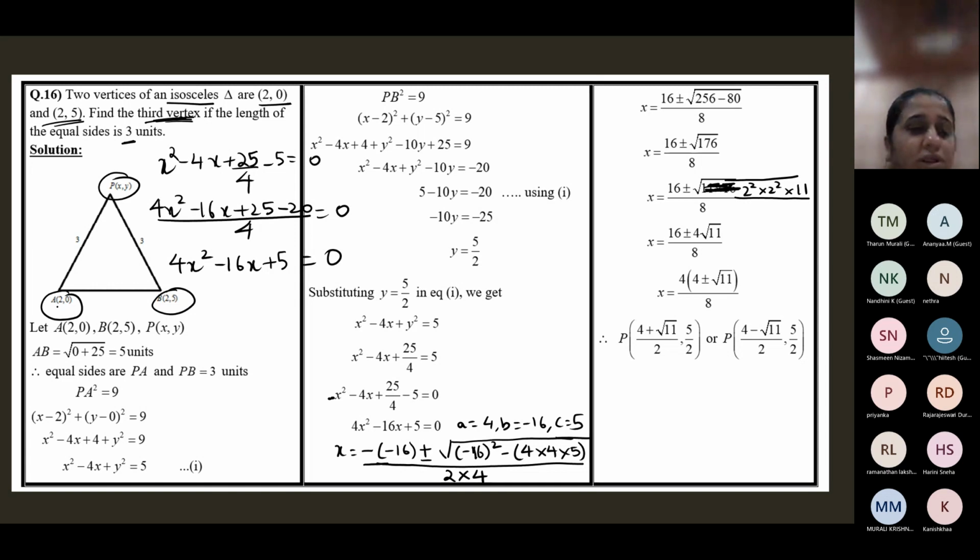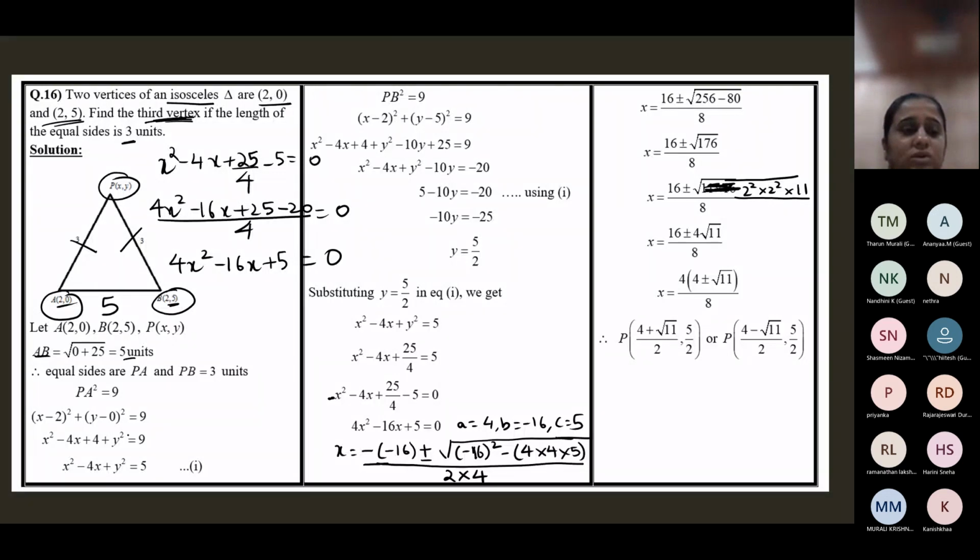Since you know the coordinates of A and B, it is easy to find the length of the side AB. It's 5 units. It's given that the equal sides are 3 units. Clearly, because AB is 5, the equal sides must be PA and PB, 3 units.